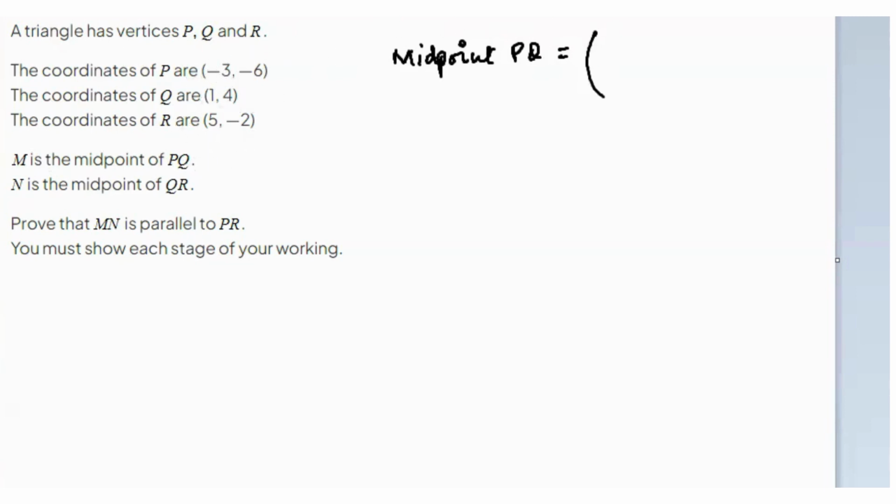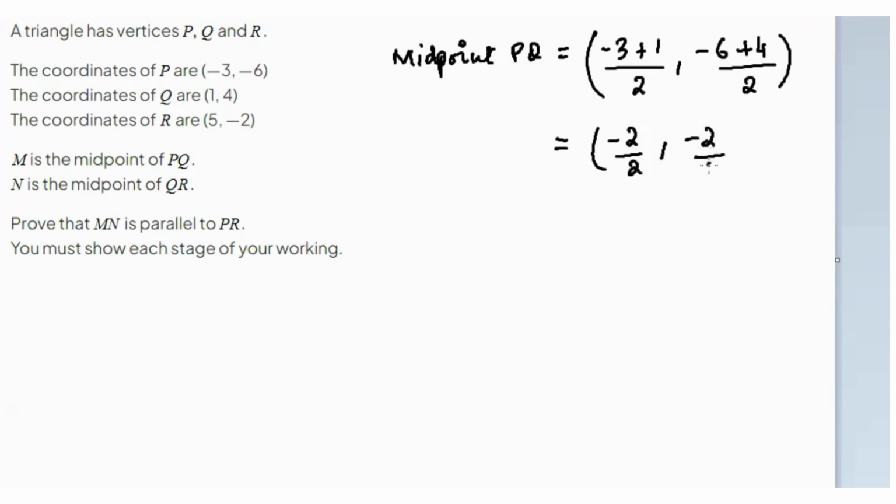So PQ, that's negative 3 plus 1 over 2 and negative 6 plus 4 over 2. That's going to be negative 2 over 2 and again negative 2 over 2, which gives us negative 1, negative 1.